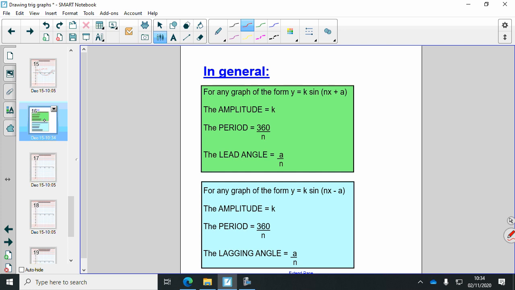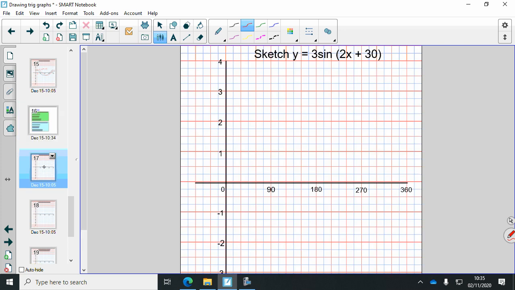So in general, for any graph of the form y equals k sine of nx plus a, and this works for cos as well, amplitude is k, period is 360 over n, and the lead angle is a over n, or the lagging angle is a over n, depending on whether it's plus or minus. So what I mean by this is if we have something slightly more complex looking like y equals 3 sine 2x plus 30, this is combining all the different parts.